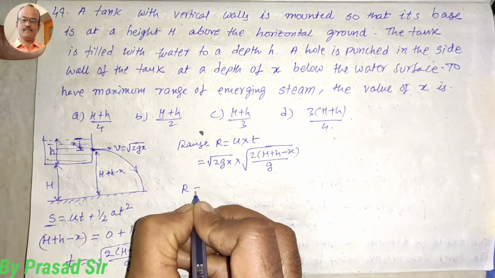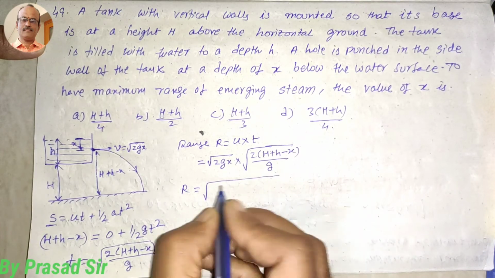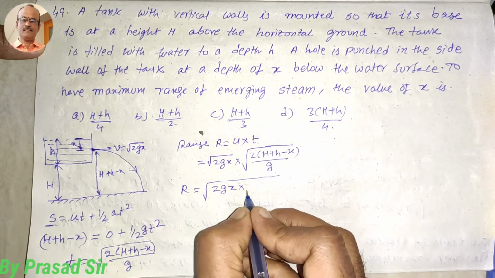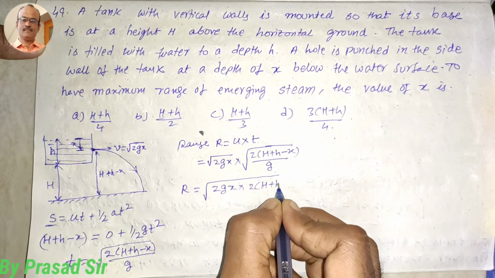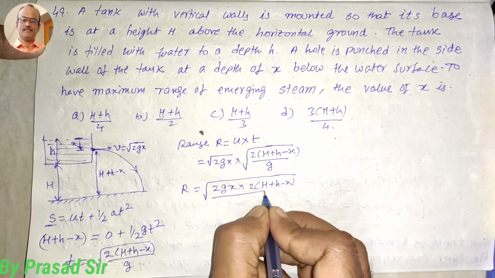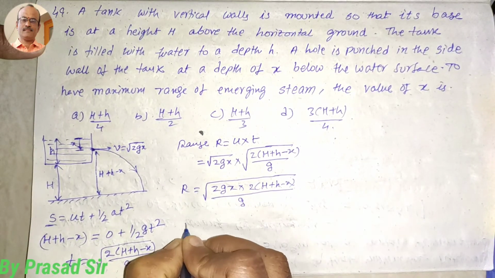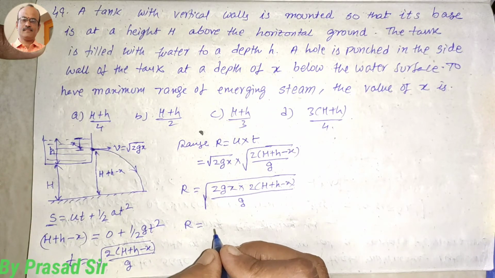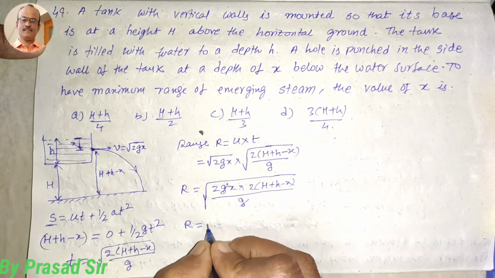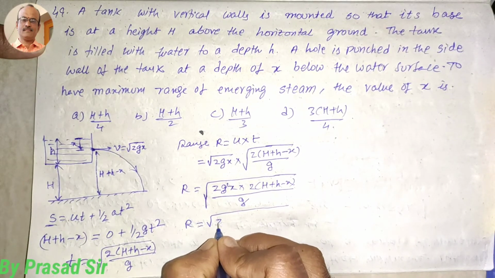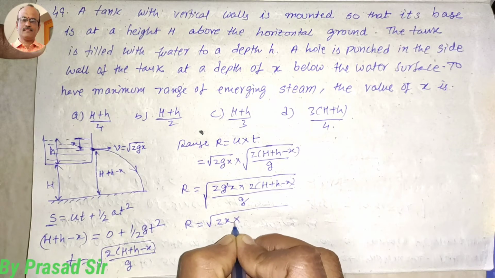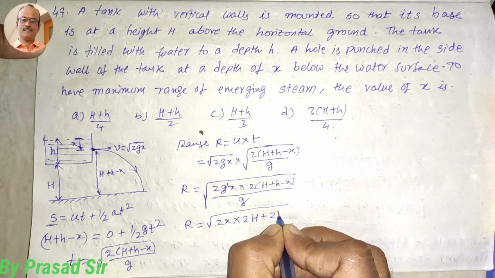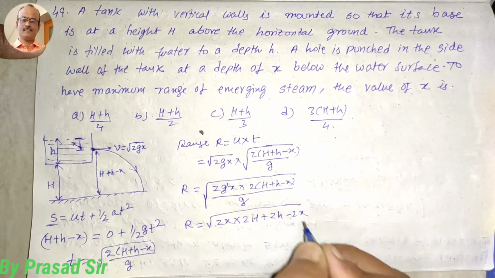So here R is equal to square root over 2gx into 2 times (capital H plus small h minus x) divided by g. The g and g get cancelled, so R is equal to square root over 2x into (2H plus 2h minus 2x).